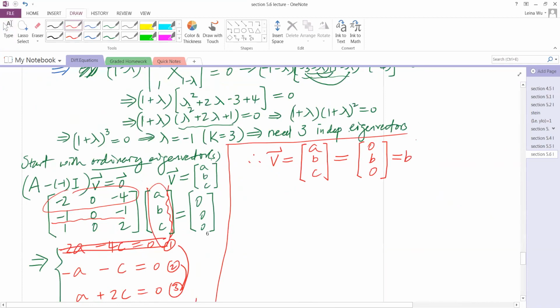Yes, so we get B times 0, 1, 0. So this 0, 1, 0 will be the basis for the eigenspace for the eigenvalue lambda equals -1, right? This is the only vector you can find. I'm going to call this my ordinary eigenvector V1. Okay?